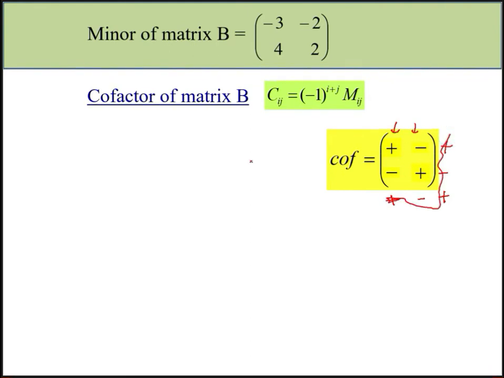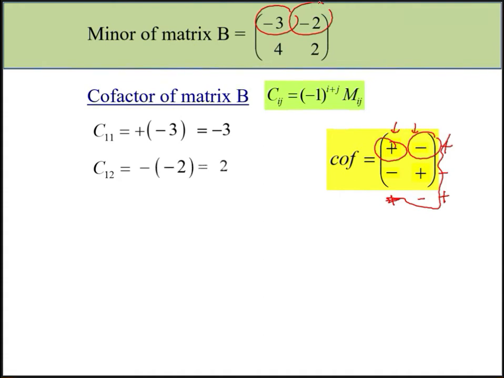Okay, let's check your answers. The cofactor for the first element in the first row and first column is positive, get it from the sign here, and then the minor is -3. So just write positive and -3 there. Your answer is -3. Next, to find the cofactor of the first row and second column, the sign is negative, and then just write the minor, which is -2 there.